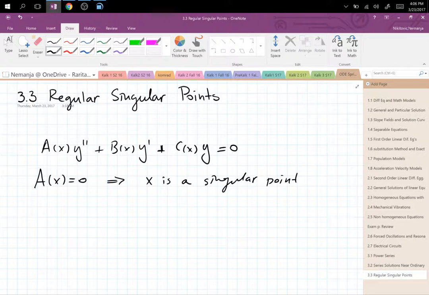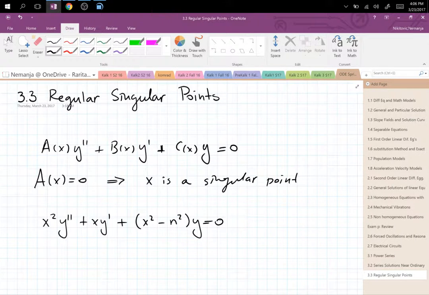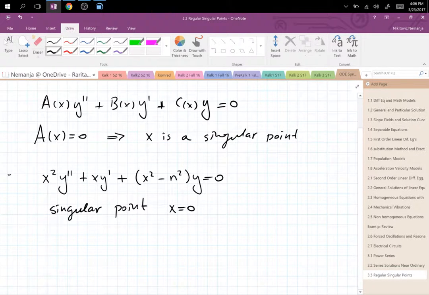If I take an example, let's say the Bessel equation, x squared y double prime plus x y prime plus (x squared minus n squared) y equal to 0. The singular point would be at x equals 0.